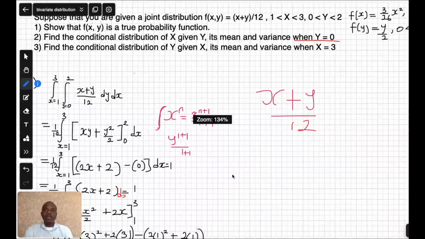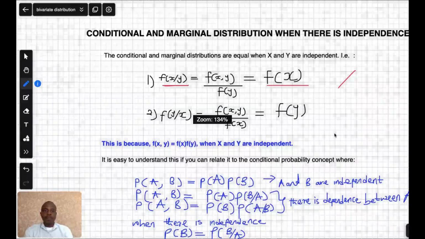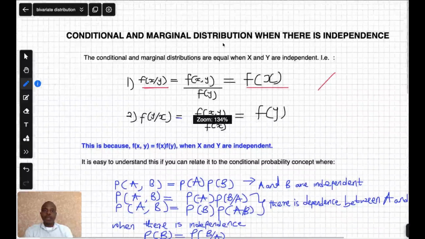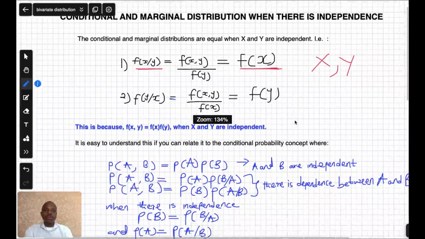That leaves us with one more thing, the case where the conditional distribution is equal to the marginal distribution, and that happens when you have independence between your variables, which may be x and y.